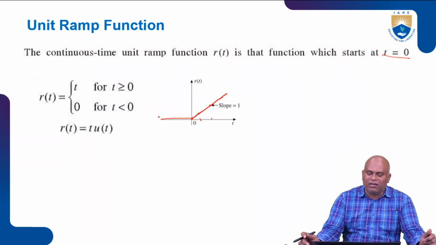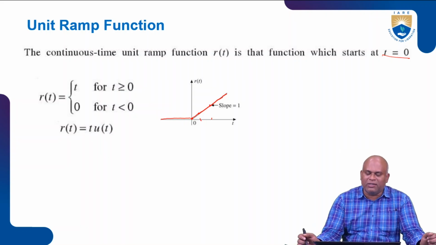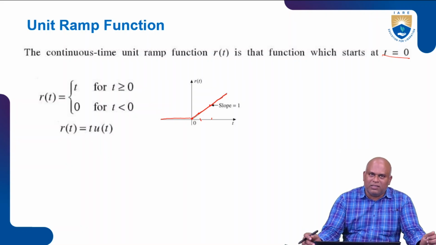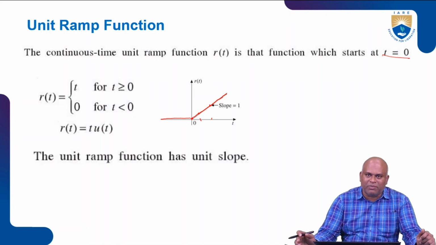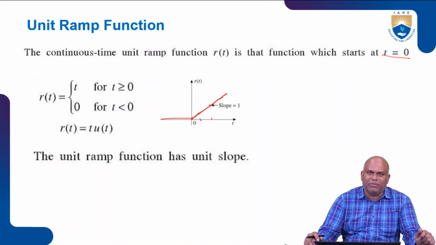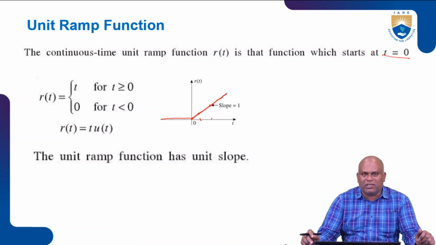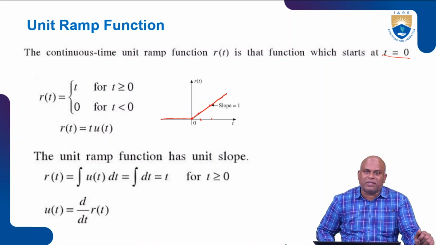That is why we call this a sloped signal, and the slope value is equal to 1. It is the unit ramp function. At the same time, we may represent the relation between the unit ramp function and the unit slope. So how do we represent the unit ramp function as a unit slope?